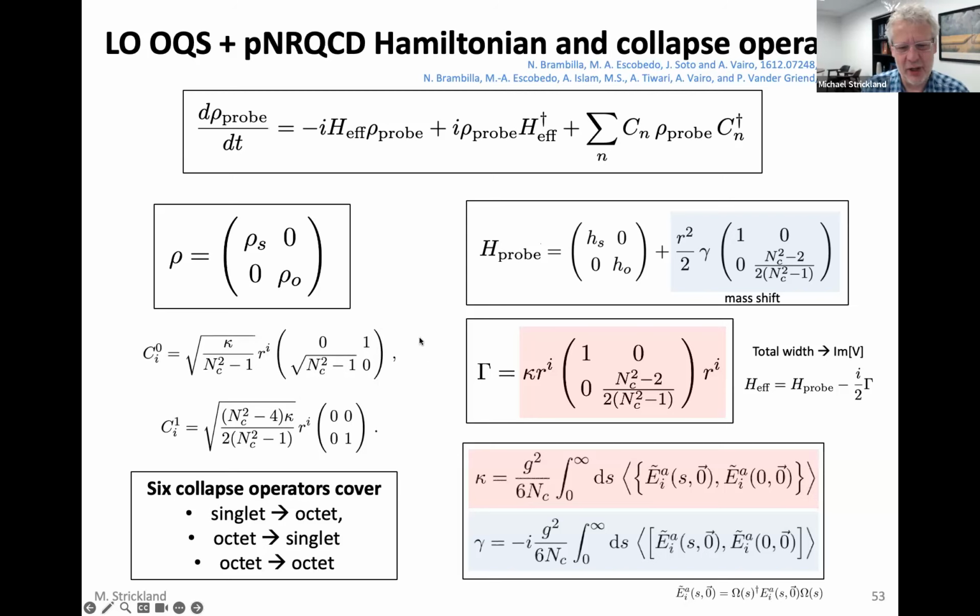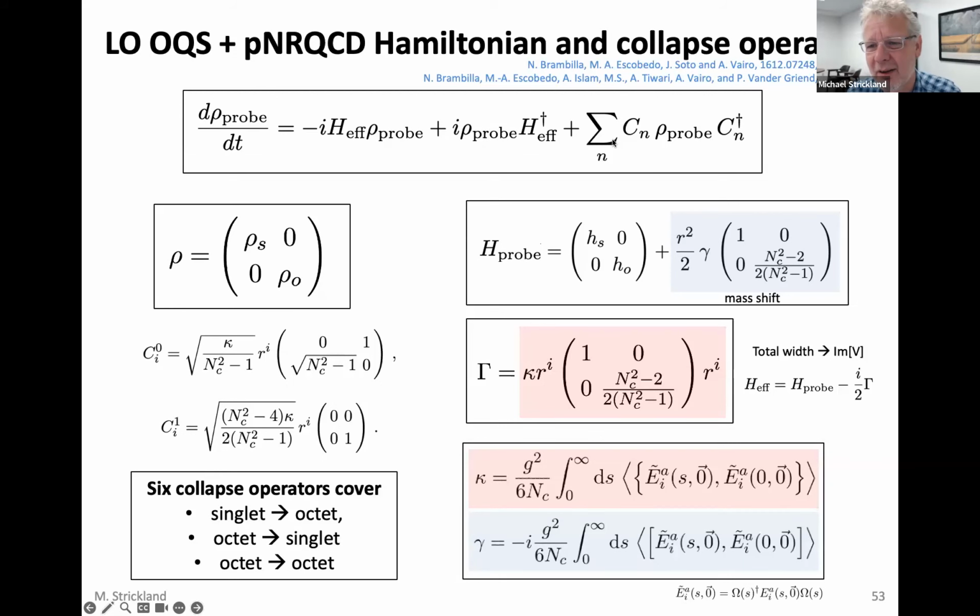And if you look at this one, if I come in with a singlet state, which would be a two-dimensional vector (1, 0), it's going to turn it into an octet state. If I come in with an octet state, it's going to turn it into a singlet state. In this one, if I come in with an octet state, which is (0, 1), it's going to turn it back into an octet state. So these are encoding the octet transitions, and these are encoding both the singlet octet and octet singlet transitions. And there's 6 of them.